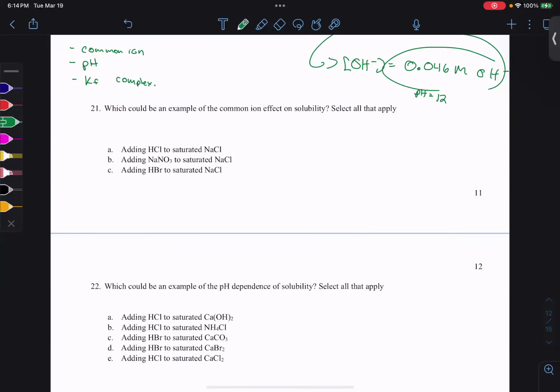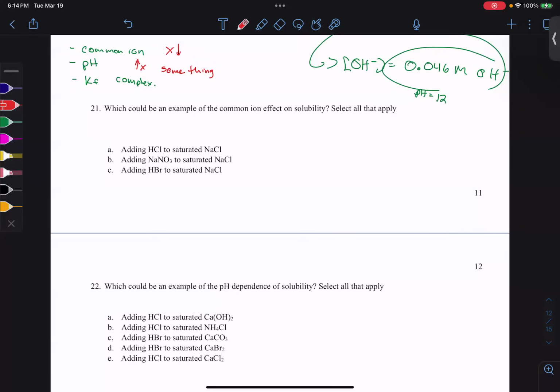So the trends are: common ion effect decreases your molar solubility when you do a KSP expression. You decrease the amount of stuff that dissolves, so typically more solid comes out. pH typically increases the solubility of stuff, but not everything, just some things.